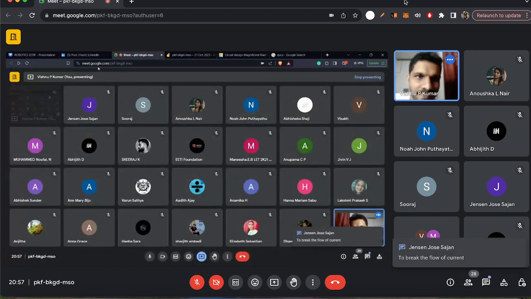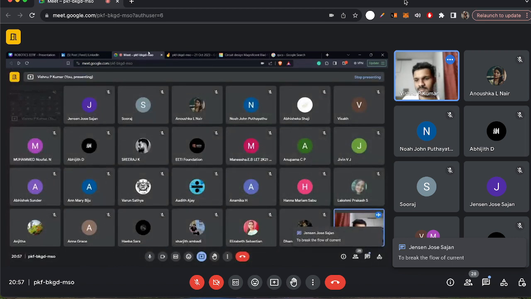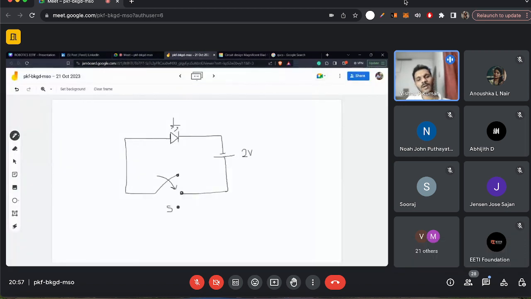The LED will glow, right? So the switch's function is to break the flow of current. If it is in the open condition, the circuit is not complete, right? It's broken.